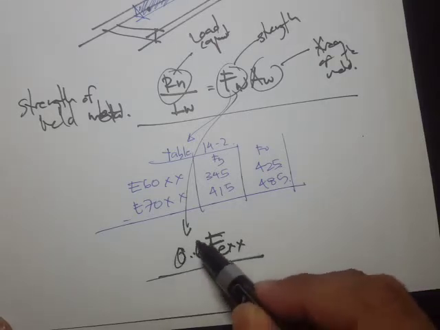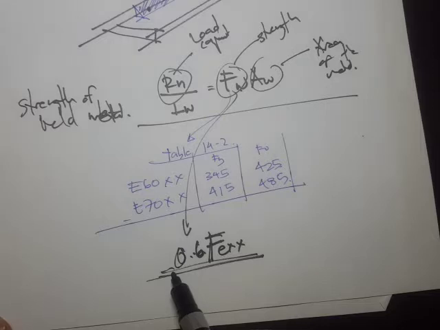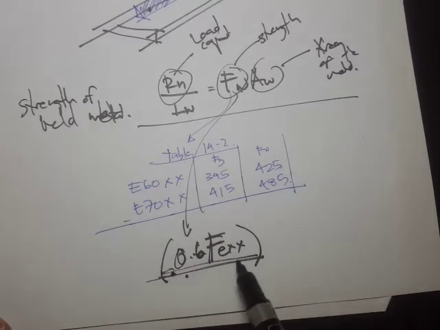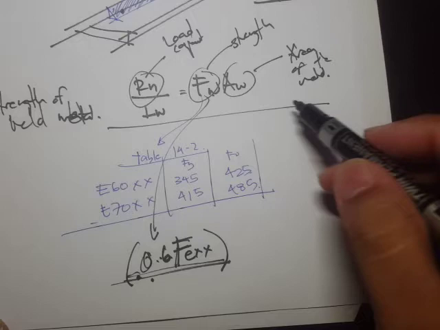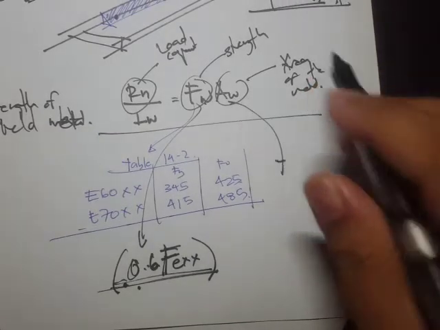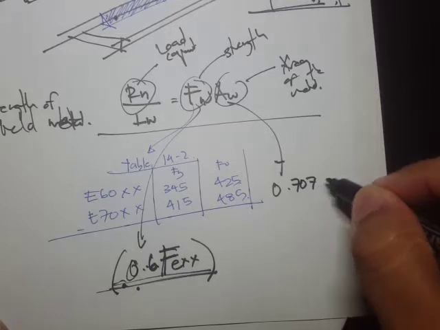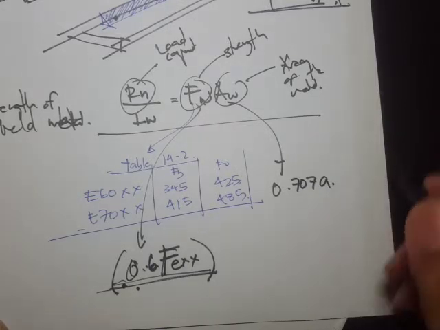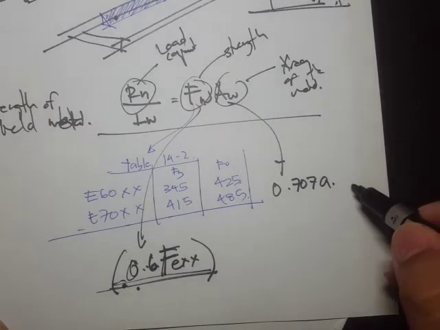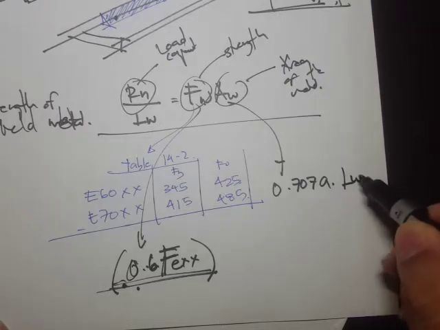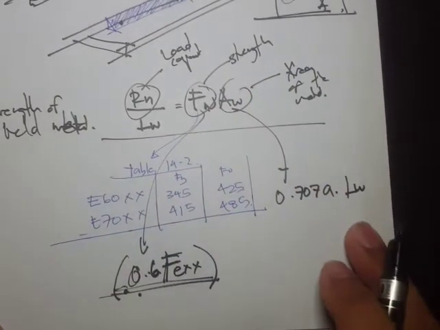Okay, so 0.6, again, that's a relationship of the shear capacity to the yield strength. So this is 0.6 FEXX, and this A, area of weld, this is the 0.707 A, and if we multiply that by this length of weld, that's actually the area.